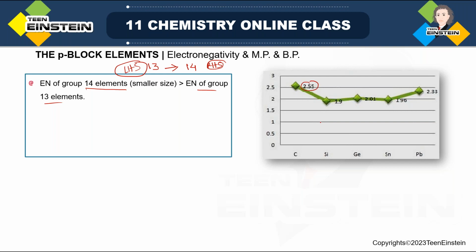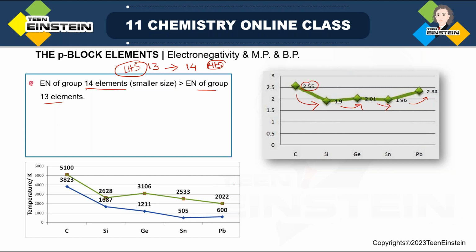So don't think that it will be a smooth decrease. What we expect is that down the group metallic character increases, which means electronegativity decreases, but it may not always be so. Moving from carbon to silicon there is a decrease, but then there is a slight increase, then again a slight decrease and then again an increase. So it is not a smooth variation.